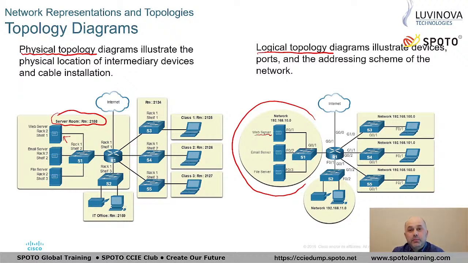We keep the purpose, the description of the server, but now we know which interface, a physical port, is connected to the network and its logical abbreviation, which is F01. That's the tag, that's the name, that's the mark of the interface of this web server.